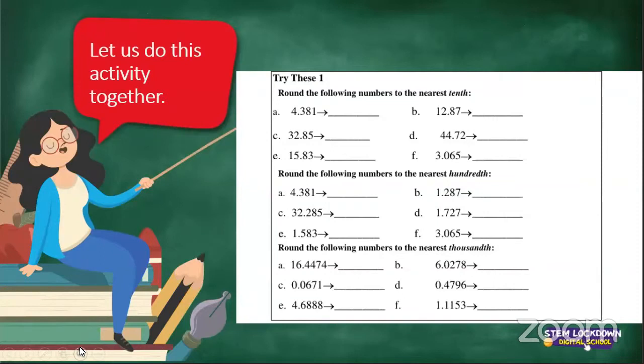For B, we have 314.67. So when you're rounding off that 67, it moves to the left and then it becomes 1 because 6 is greater than 5. So it will be 314 plus 1, then it will be 315.